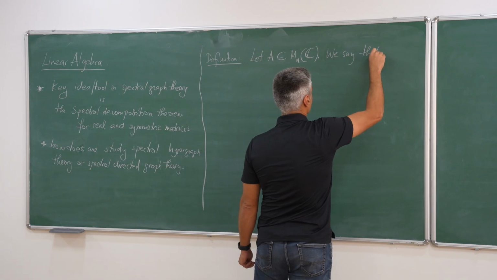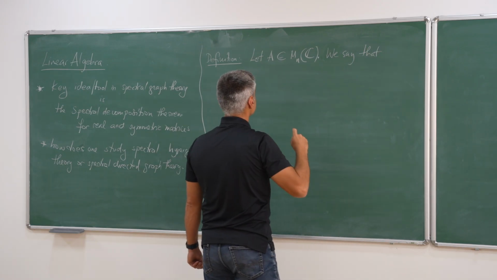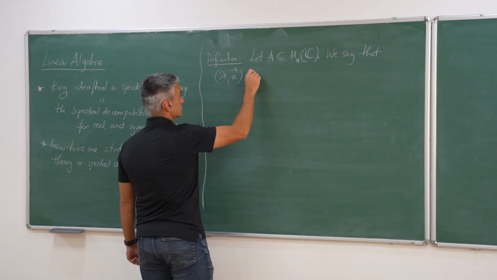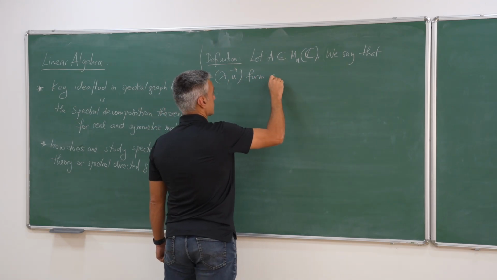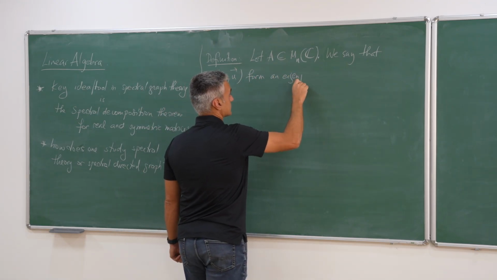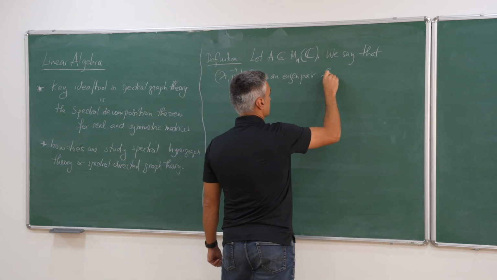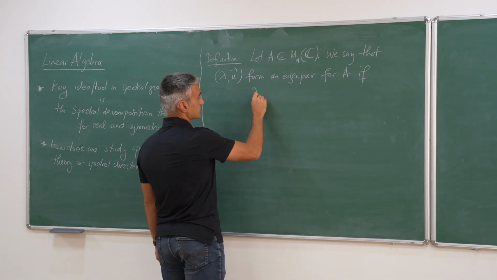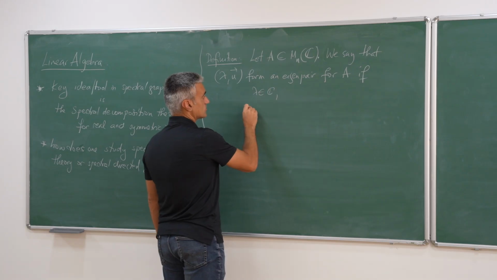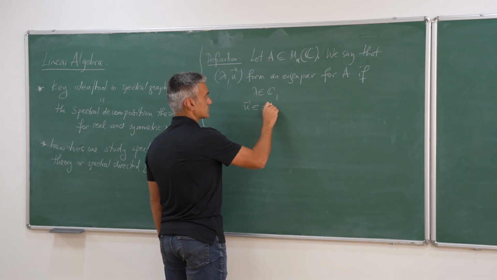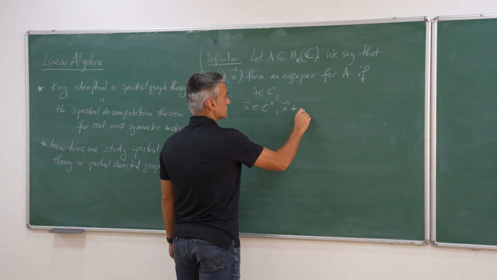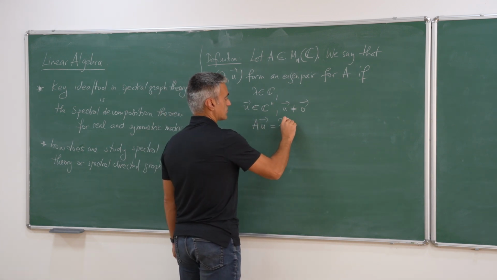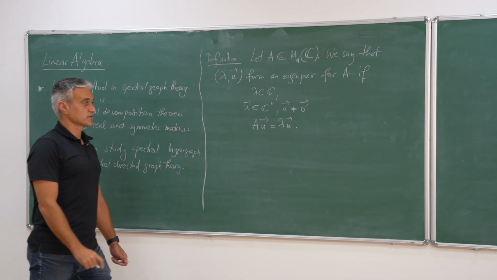We say that lambda and u form an eigenpair for A if, what has to happen? Well, lambda is a complex number, u is a vector which is not zero, and you have this equality that everybody knows, Au equals lambda u.